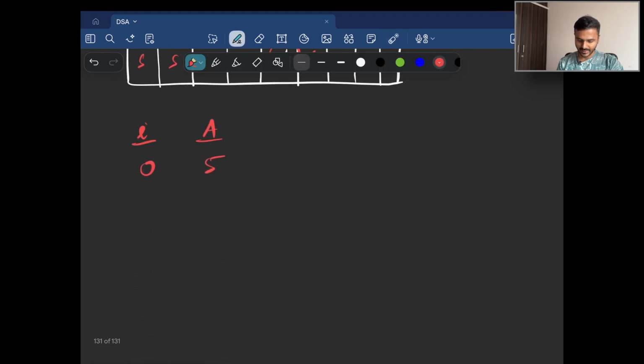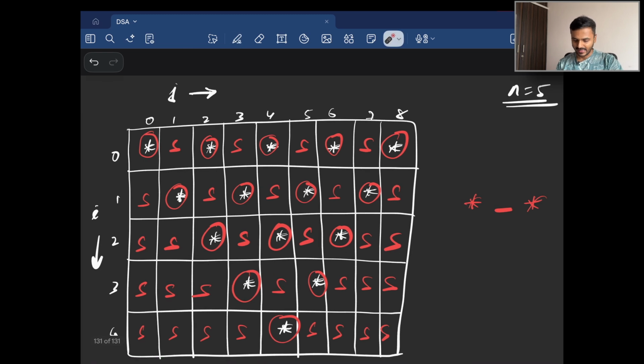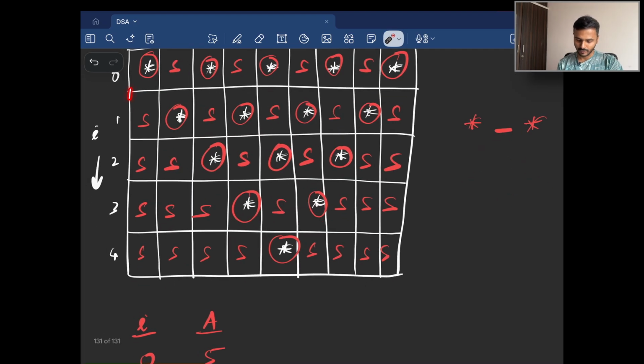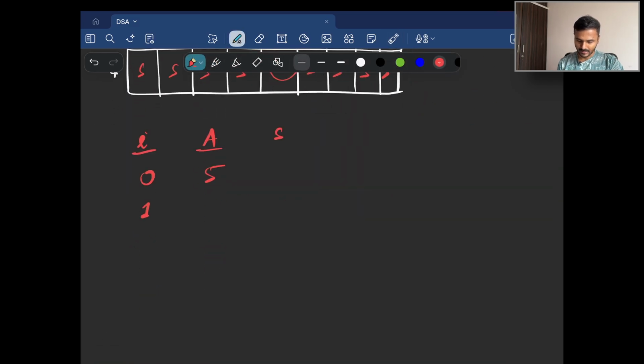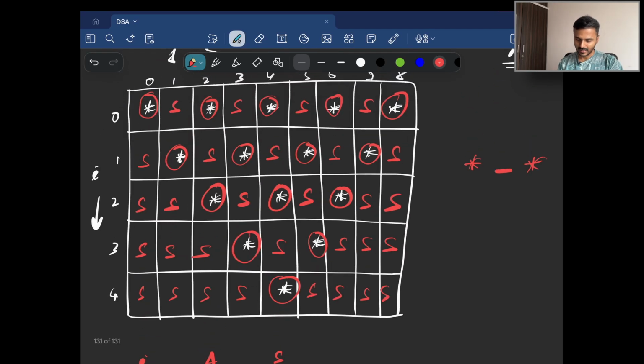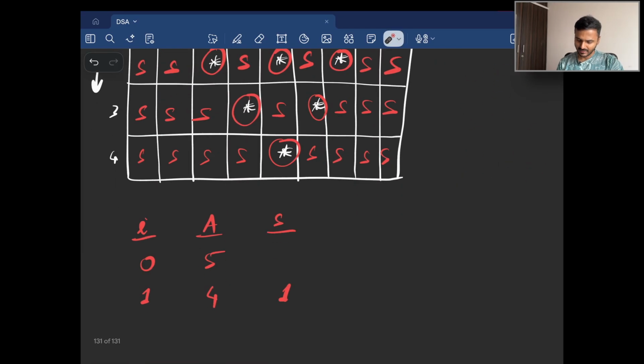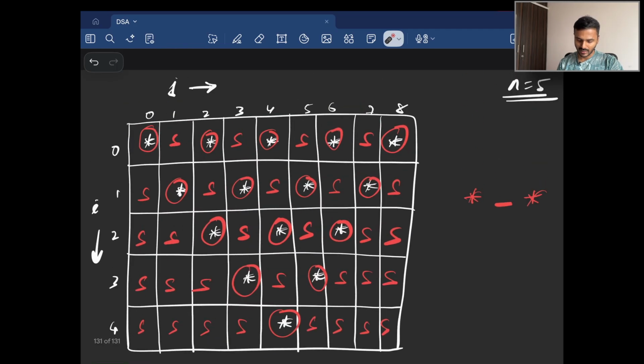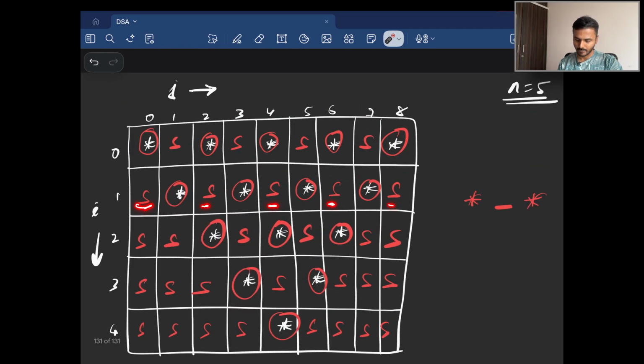Now let's talk about the second row, which means when i is 1, what are we doing? Well, when i is 1, we're printing a space first, and then we are printing a few asterisks separated by spaces, right? So if we have to note this down, what we should note is that we are printing 1 space and 4 asterisks. That's what we are doing. And when I say we are printing 1 space, I'm not talking about all the spaces that we are going to print at the end.